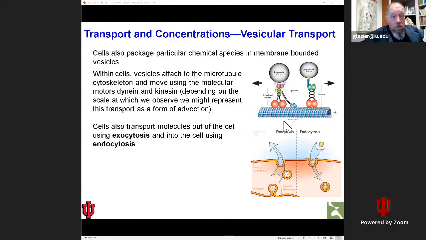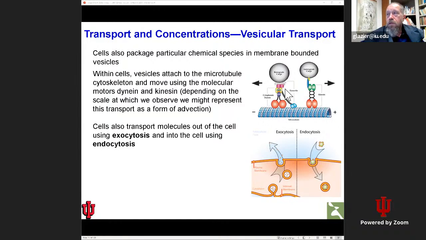The third category, which people tend to ignore but is also very important, is intermediate filaments. There are molecular motors that move on these filaments. The filaments are polarized, they have a direction, and there are molecular motors that selectively move towards the plus end or the minus end of these filaments.